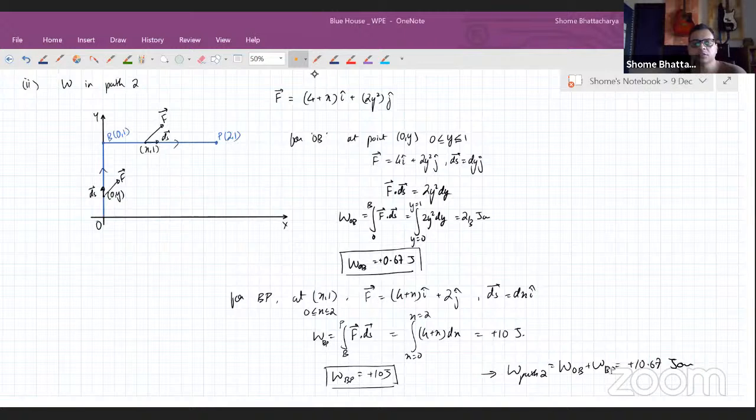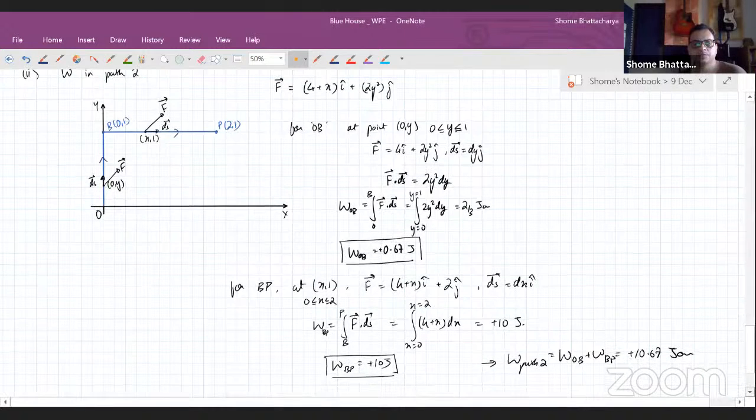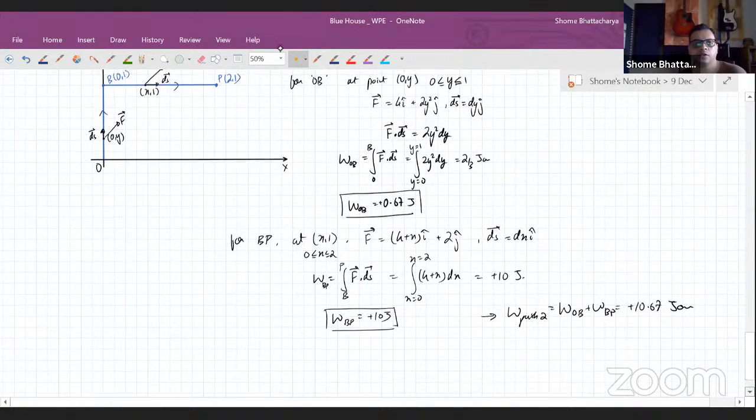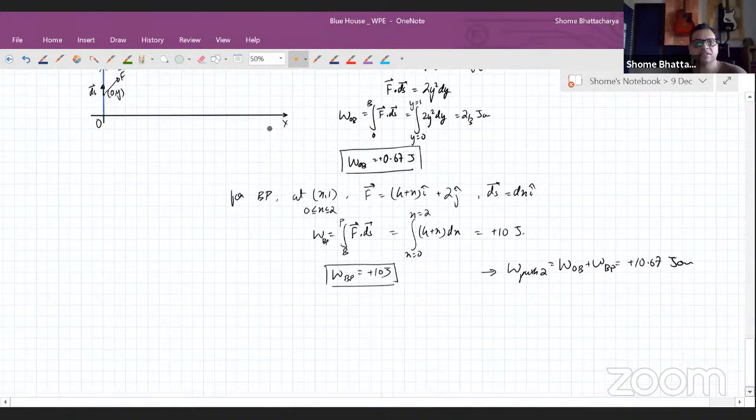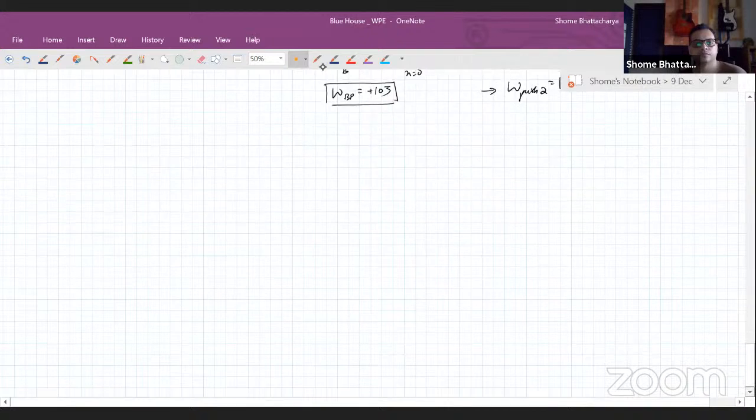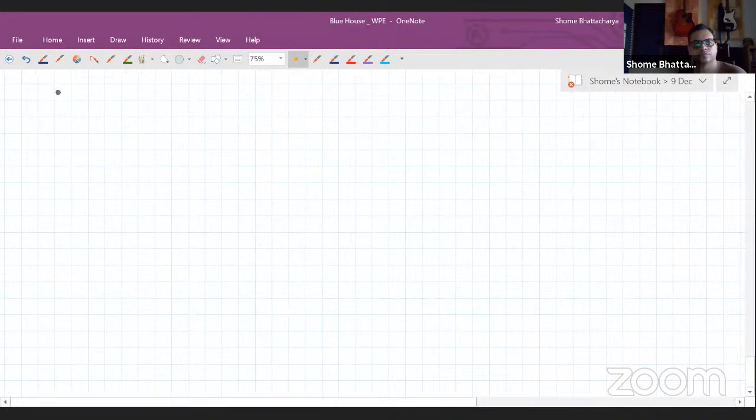Okay, so hope this part is clear to all of you. Now we'll see the interesting aspect that if we take any general path, so we can call it an arbitrary path.